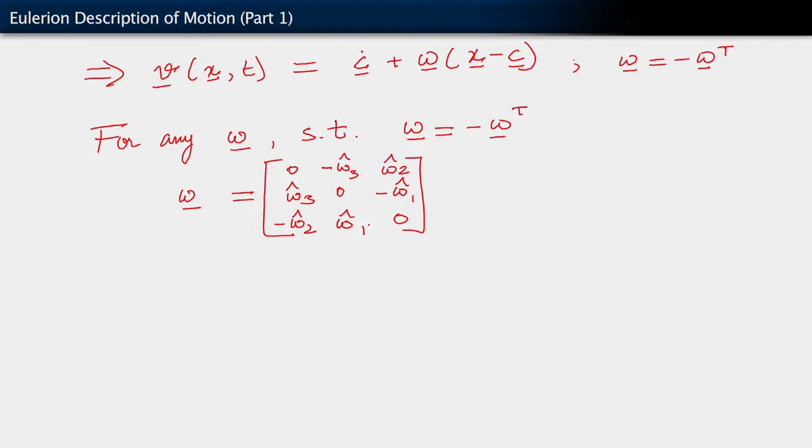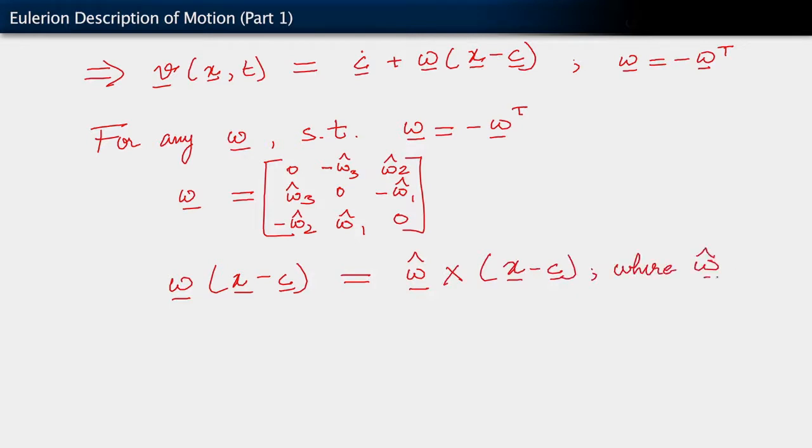But here's the rub. A skew-symmetric tensor omega acting on any vector, and in particular x minus c, is simply equal to the omega hat vector cross x minus c, where omega hat is simply omega hat i e i. Okay? There is this way of rewriting the action of a skew-symmetric tensor upon any vector.